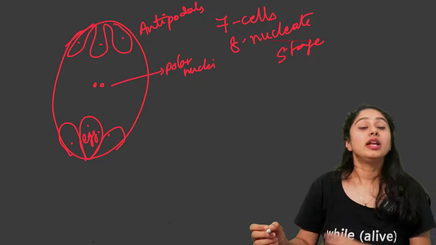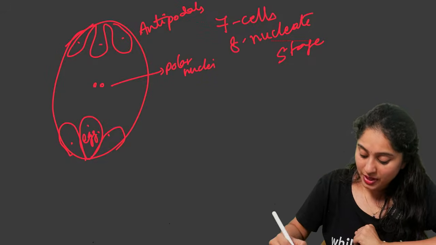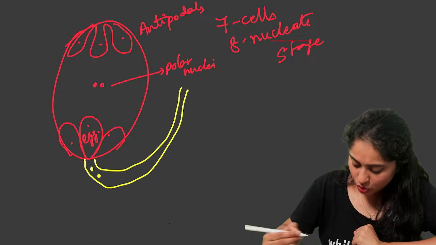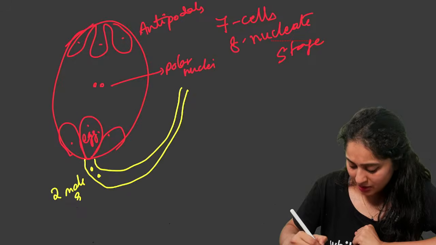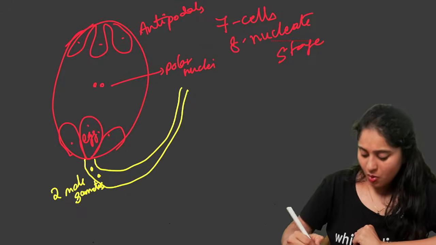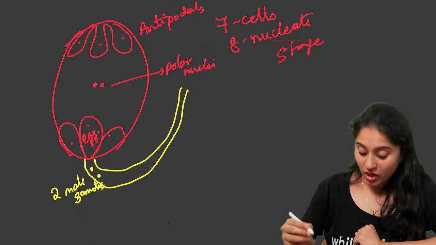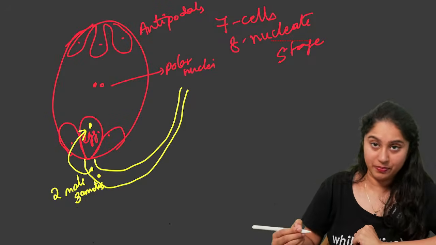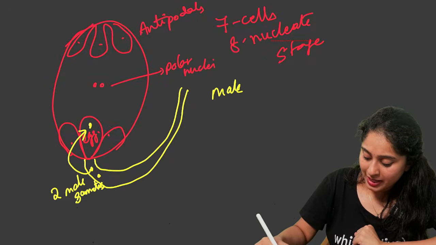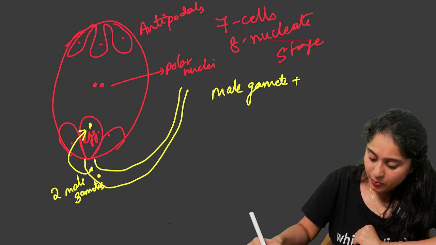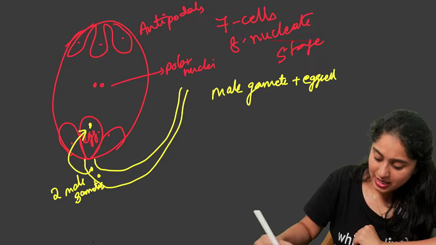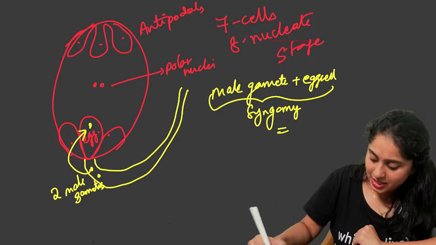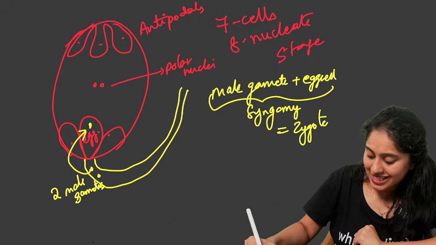Now in this particular case, my pollen tube is going to come and carry 2 male gametes. What are the 2 male gametes going to do? One male gamete is going to fuse with the egg cell. Male gamete plus egg cell is what I call syngamy, and this leads to the formation of a zygote.